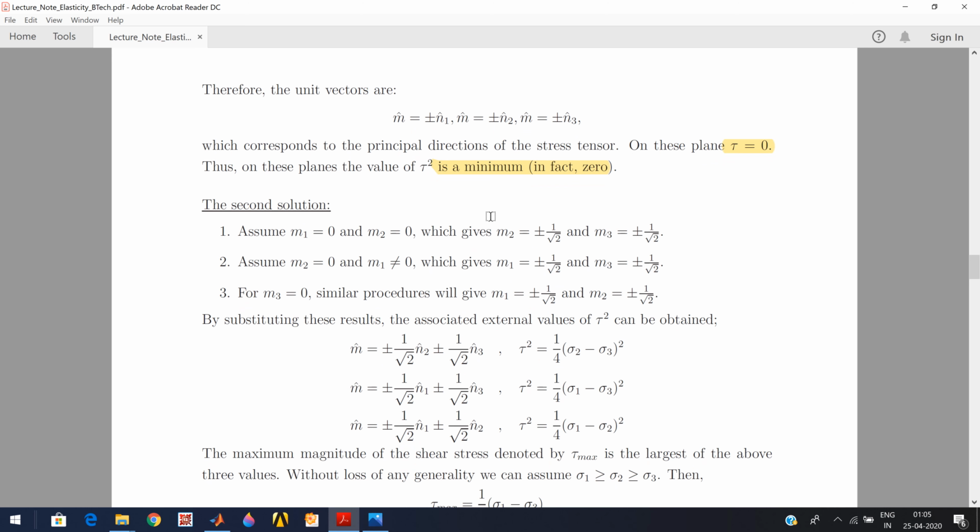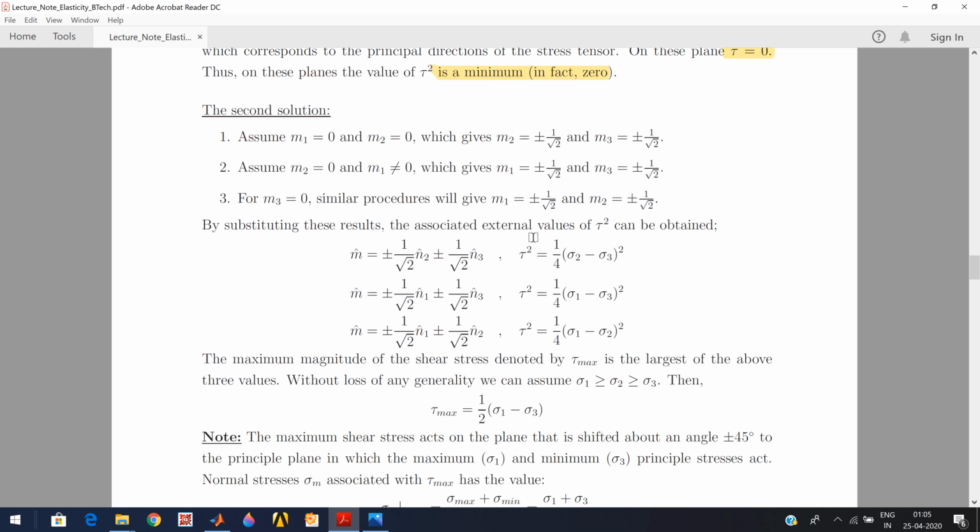If you carefully see, the second equation will give the solution as this. So one solution we will get at n1 plus minus 1 by root 2 n2 plus n3, like 45 degree between n2 and n3, and the second one is 45 degree between n1 and n3.